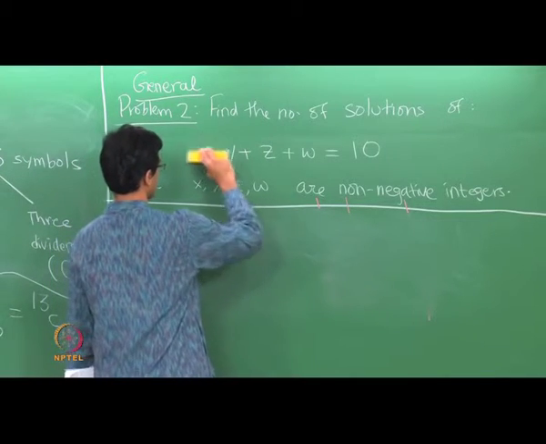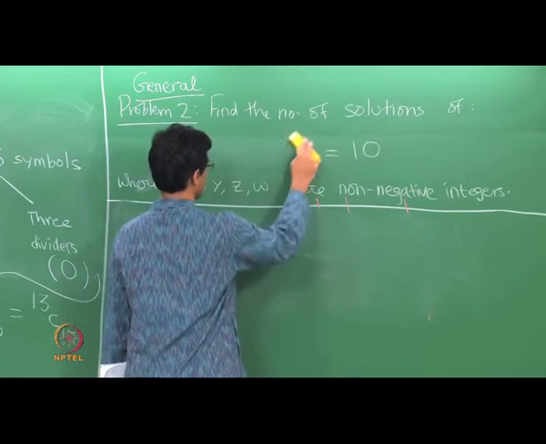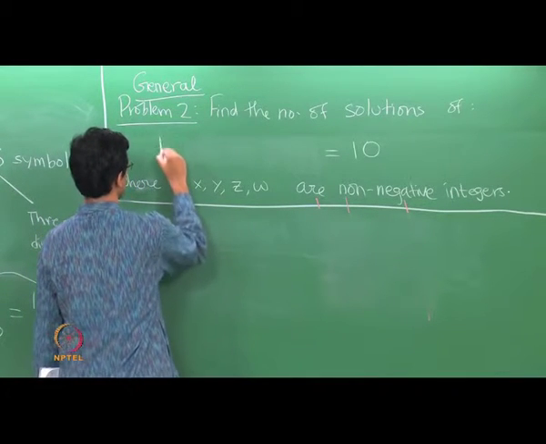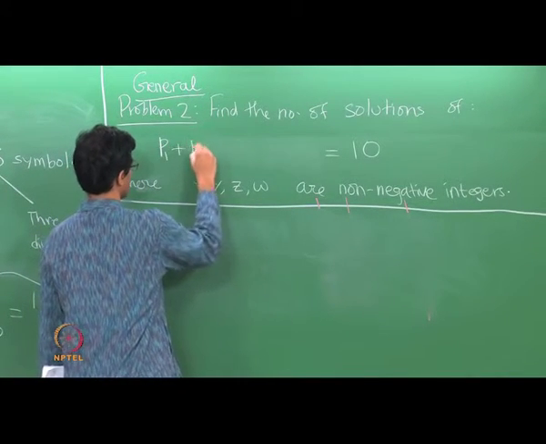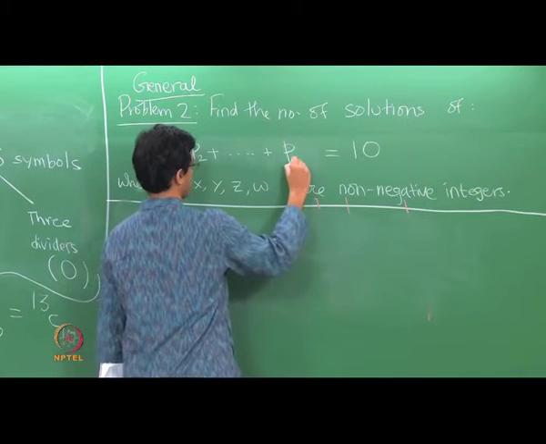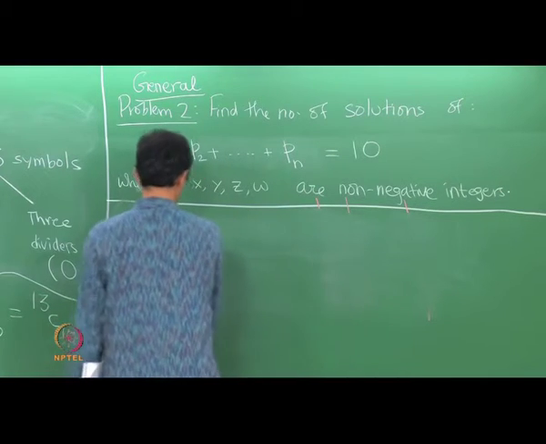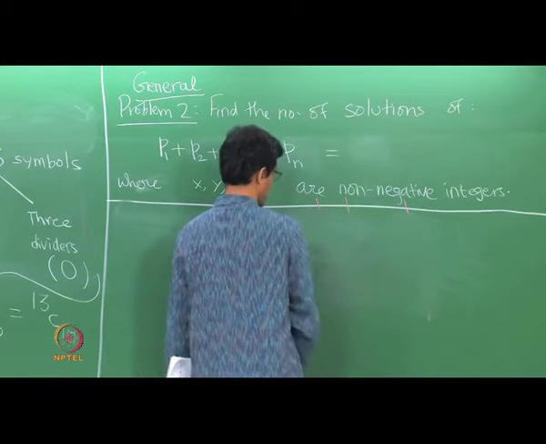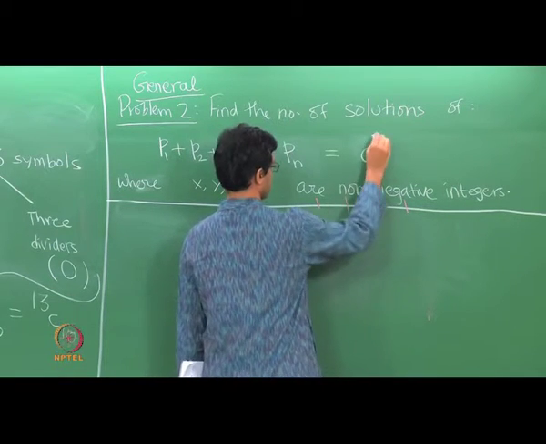In general I could assume there are n variables. So let me replace the left hand side by n variables. Find the number of solutions of the equation, let's call the variables p's, p1 plus p2 plus and so on through pn, and the right hand side here was the number 10. In general I could assume it's some non-negative integer d.